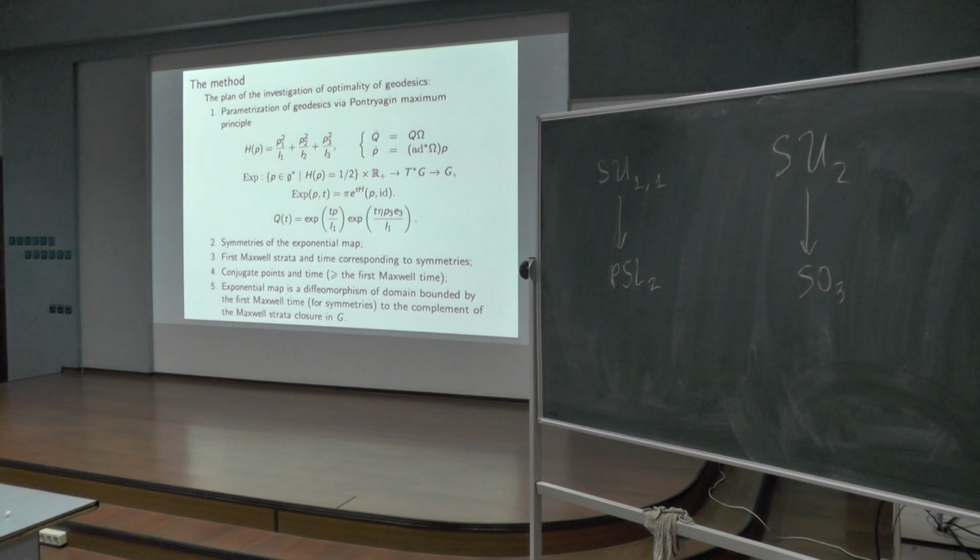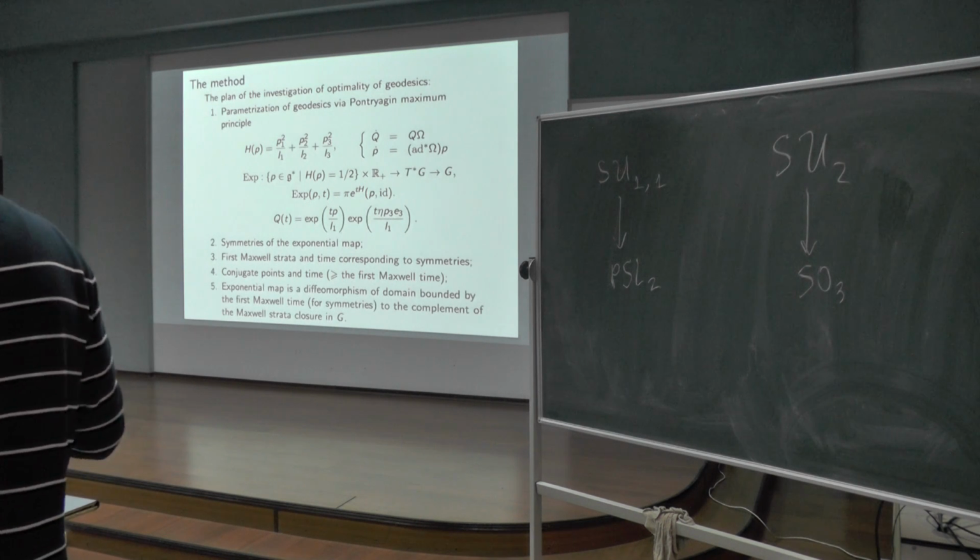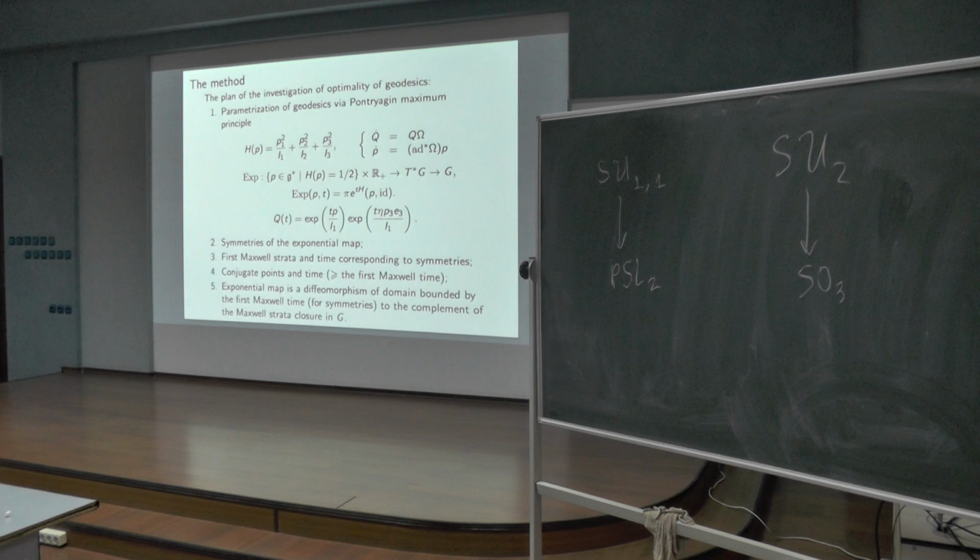In general, there can be some Maxwell points that do not correspond to our symmetries, but if we are lucky enough, we can prove that the exponential map is a diffeomorphism of a domain that is bounded by the first Maxwell time for symmetries to the complement of the Maxwell set in our group.